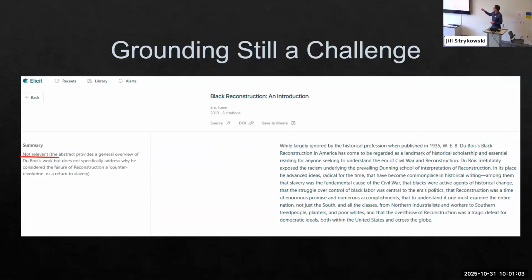And then the other big thing, I think, is grounding, right? You remember grounding is where these tools get their information and how they come to their conclusions about things. I think grounding is still a pretty big challenge. So what I got from a lot of these tools, in addition to a list of papers, which was what the students were asking for, especially PRA and Elicit and Consensus, is a summary overview of what the research concludes.